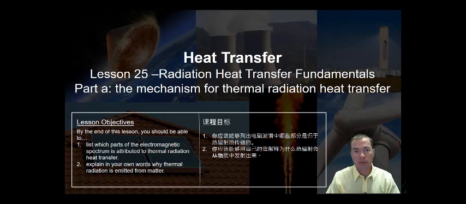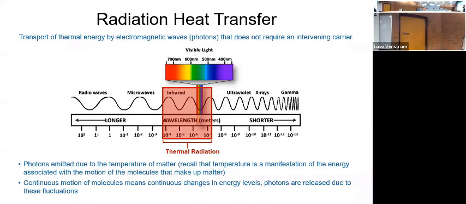On with the lesson. As a reminder, the mechanism for radiation heat transfer is electromagnetic waves, or equivalently, because we have this dual theory of understanding radiation, transport by photons. Photons are the particle that we attribute to electromagnetic radiation.